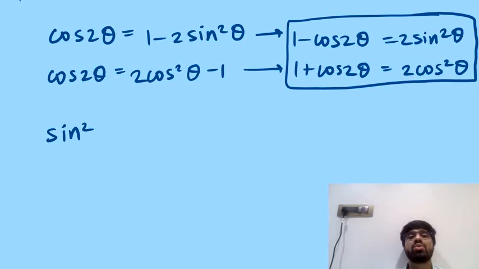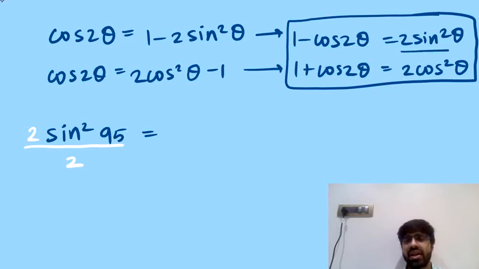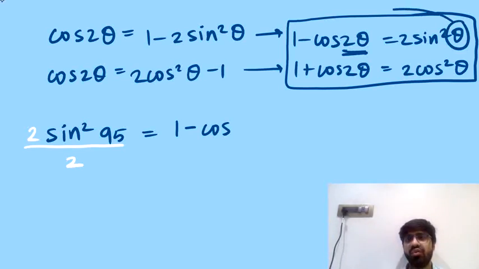If I give you sine square 95, what you can do is multiply and divide this with 2. So you can write it as 2 sine square 95 divided by 2. And you know that 2 sine square theta was basically 1 minus cos of something, and that something is the double of whatever you have inside the sine square term.